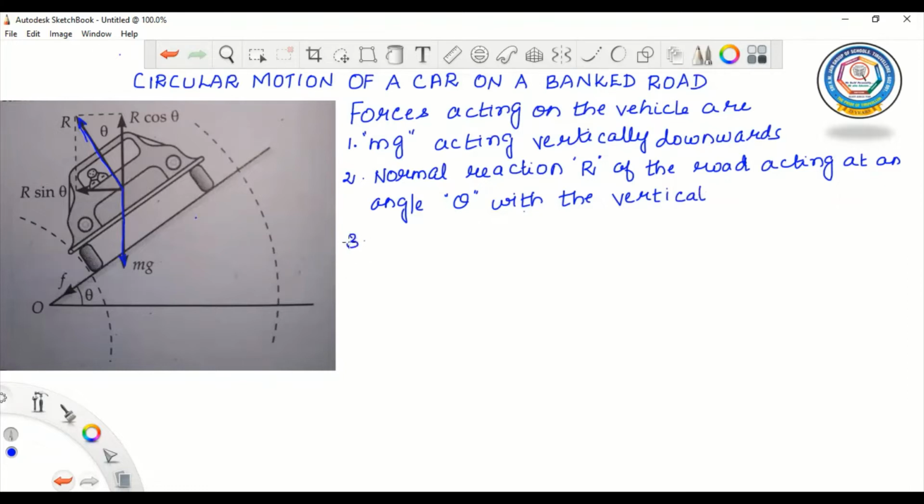Number 3, the force of friction F acting downwards along the inclined plane.